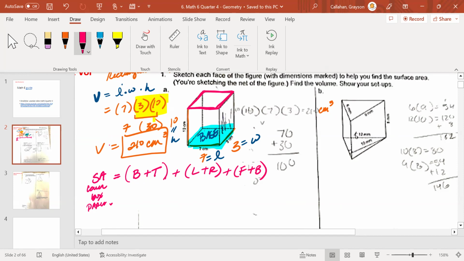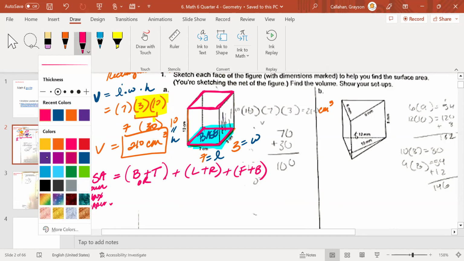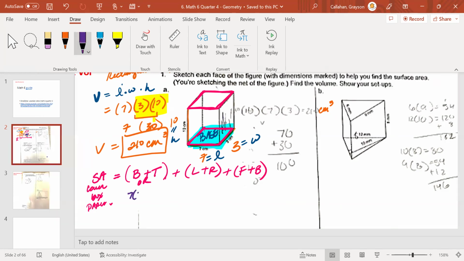Do you see how these two are exactly the same? So I just need to find one of them and then multiply by 2, right? Which just means if I were to find the area of the base, which is 7 times 3, right? Then I just multiply it by 2 because there are 2 of them. Which is then 21 times 2, which is 42. Do you agree? Okay.